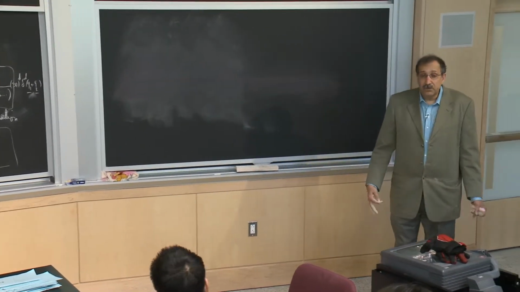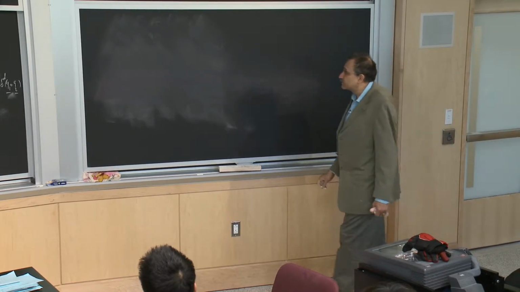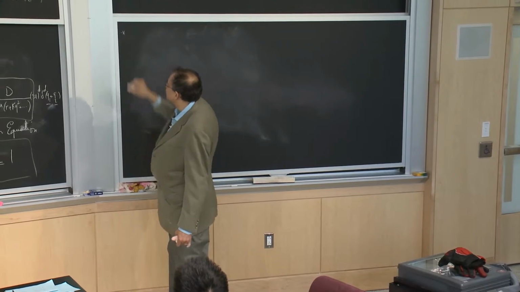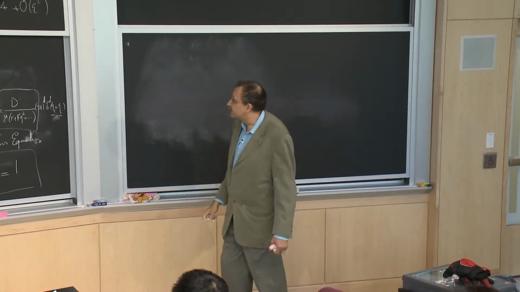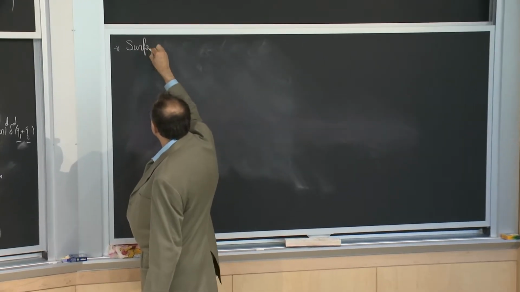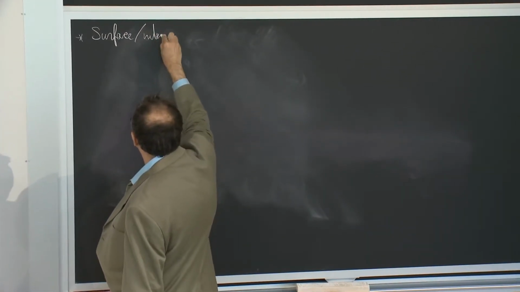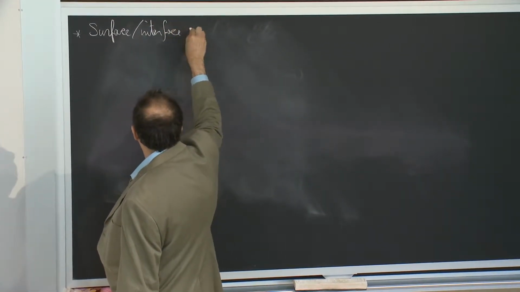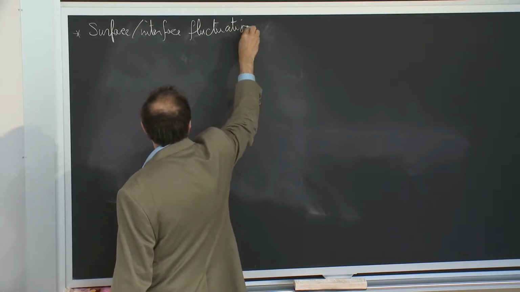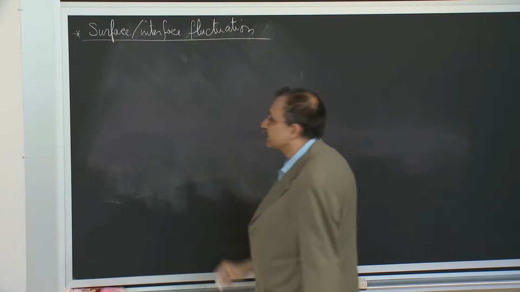And maybe you don't know that. And so let me give you a particular example in the context of, let's say, surface interface fluctuations. Starting from things that we know and then building to something that maybe we don't.